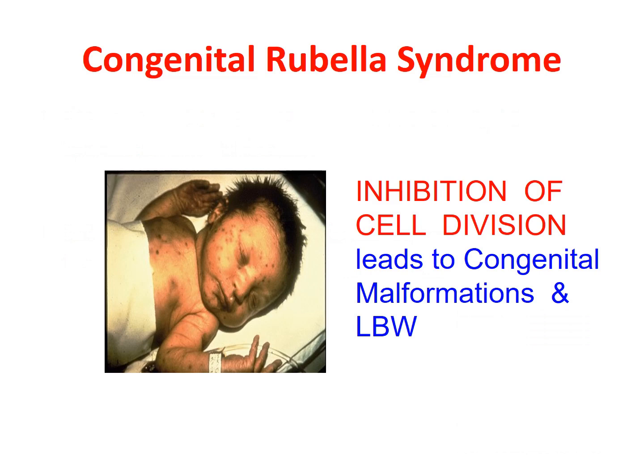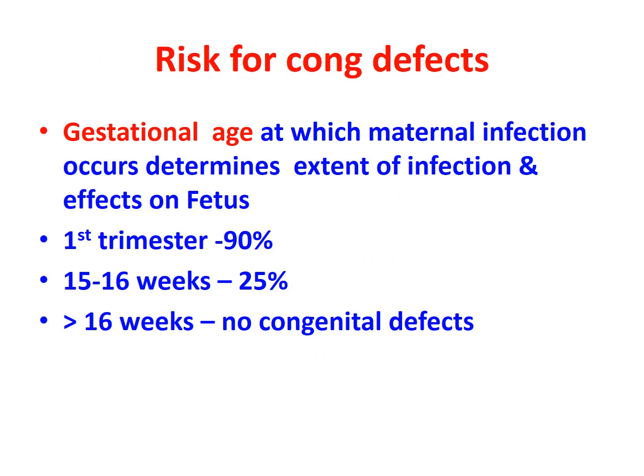So here there is inhibition of cell division, which leads to congenital malformations, which are multiple, and the baby is born intrauterine growth restricted, IUGR, or low birth weight. The risk of congenital defects depends upon the time of pregnancy when the mother gets the infection.